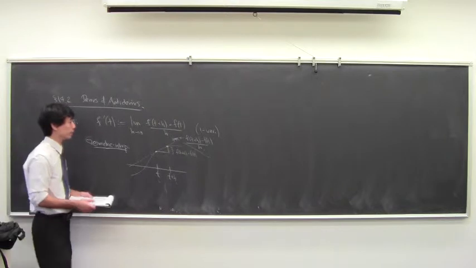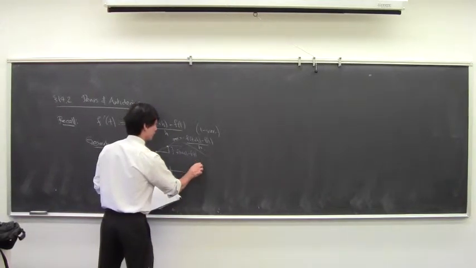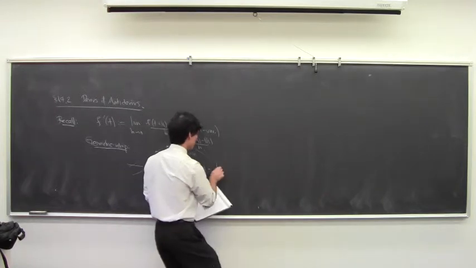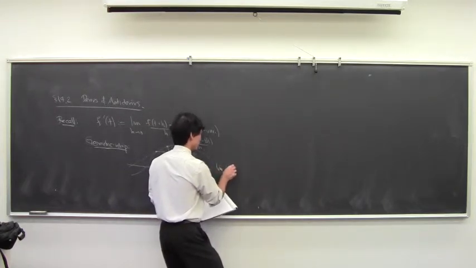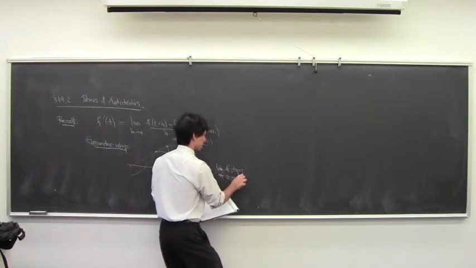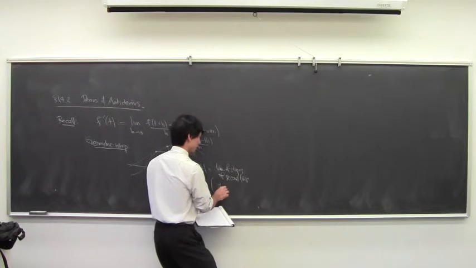That is the slope of the tangent line, the limit of the slopes of secant lines, aka the slope of the tangent line.